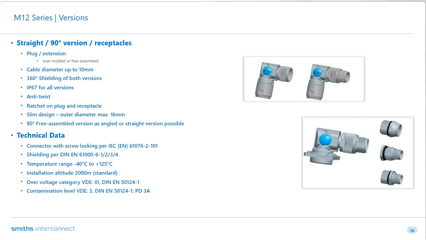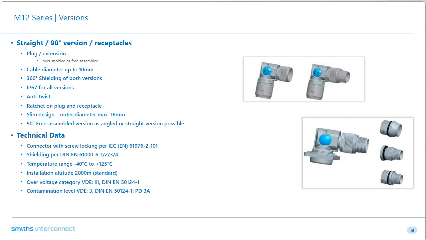That ultimately results in a much slimmer design, right? So you put this M12 against many other designs available in the market, and you will find that Smith Interconnect's design is one of the smallest and slimmest, if you like, in the market.